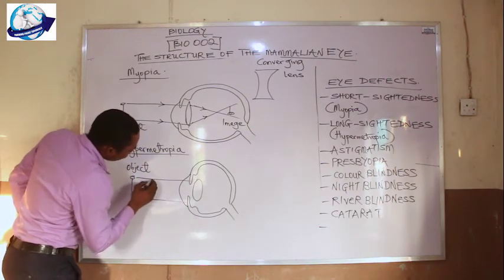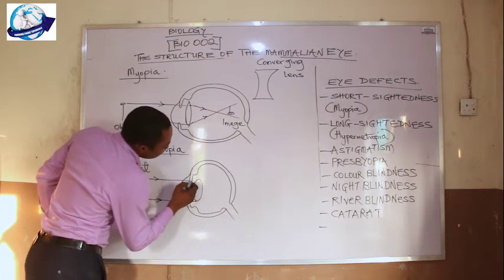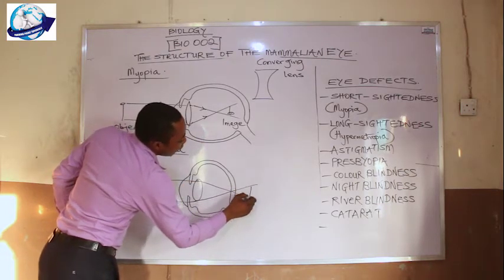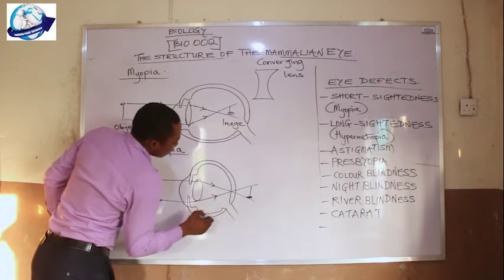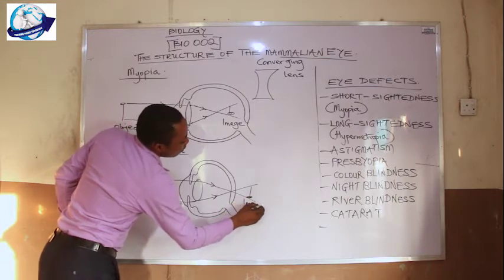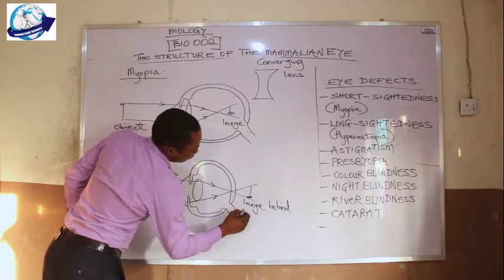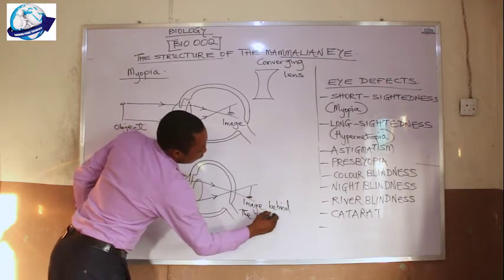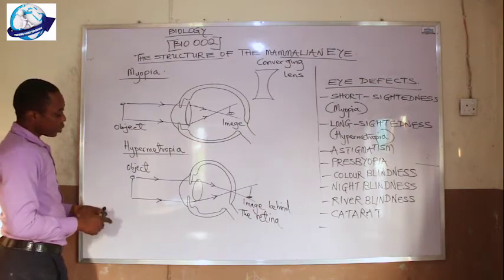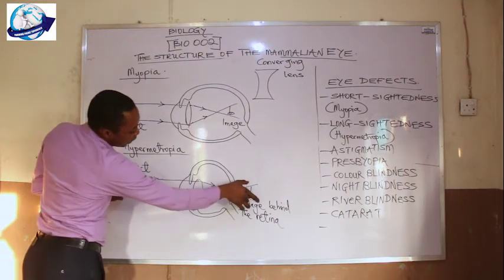The ray of light coming from the object gets straight to the lens, and the lens pushes it forward, so it appears behind the retina. That's the image behind the retina. This is a clear illustration.